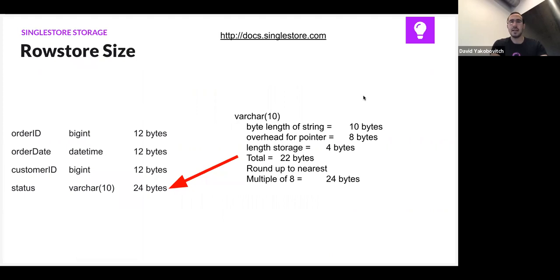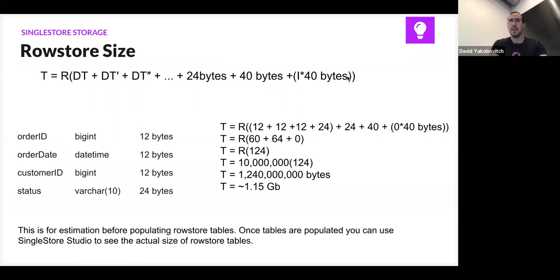So for Rowstore sizing, here's an example. If this transaction table had these columns of these data types, this would be the storage. And we can take all that information, do a back of the envelope calculation, say if we had 10 million records, how much storage would this be? About a little bit north of 1 gigabyte of data for 10 million records.